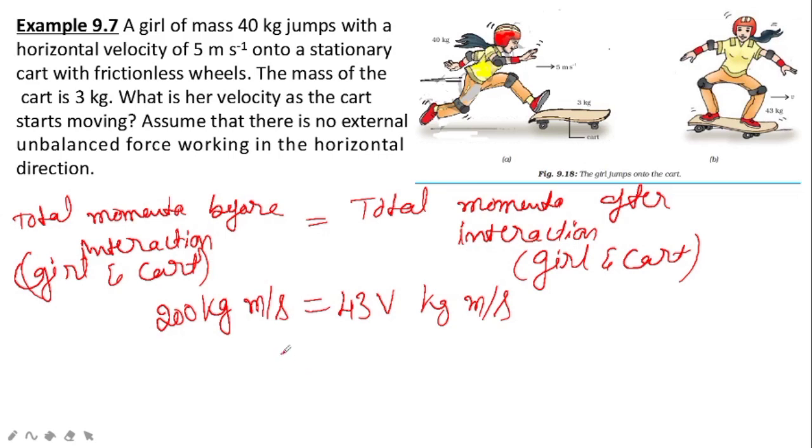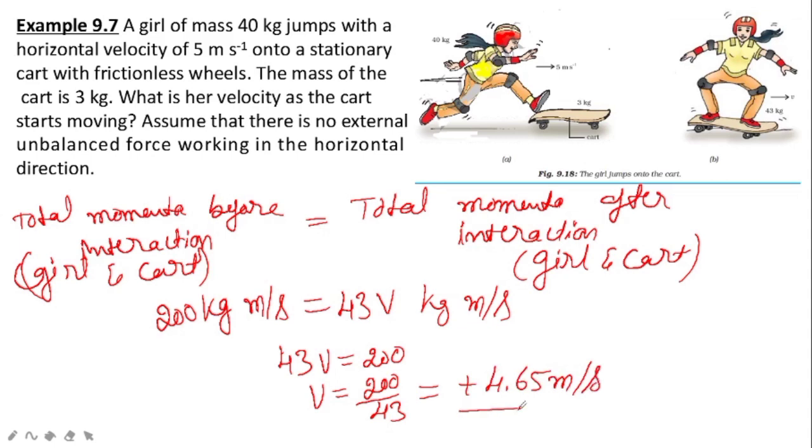We get 43 V equal to 200, and then V equal to what? 200 divided by 43, which is equal to plus 4.65 meter per second. So this will be the velocity of the girl with the cart when it starts moving. Here the positive sign indicates that they are moving forward together, right?